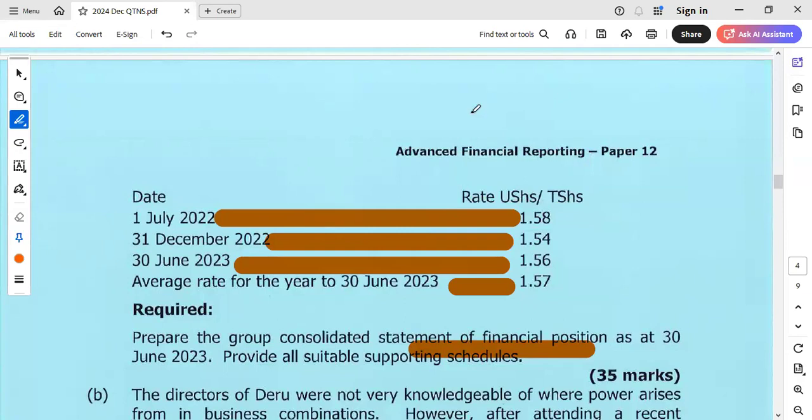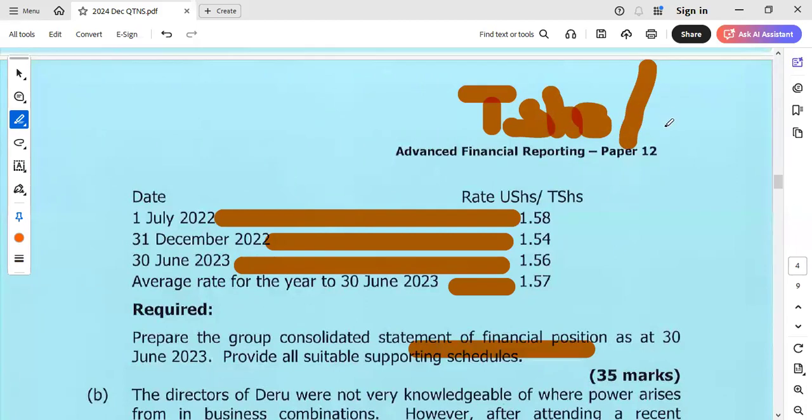If they start with Ugandan shillings, Ugandan shillings per the other foreign currency, that is a direct quote. You'll be multiplying. But if they start with TZ, TZ shillings per Ugandan shilling, that one will be an indirect quote. You'll be dividing.